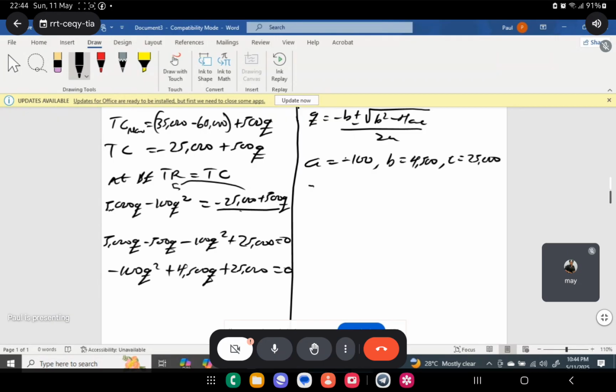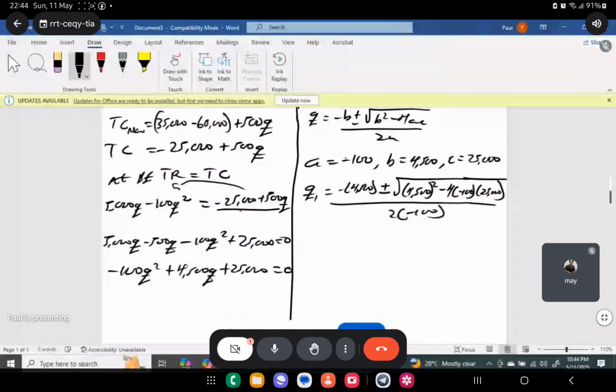So we get Q1 to be minus 4,500 plus or minus the square root of 4,500 squared minus 4 into brackets minus 100, brackets 25,000, all divided by 2 into brackets minus 100.